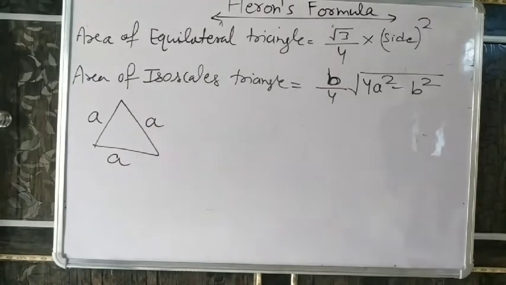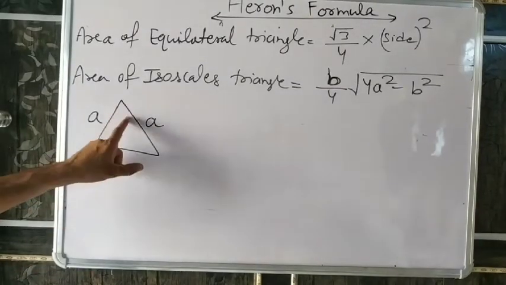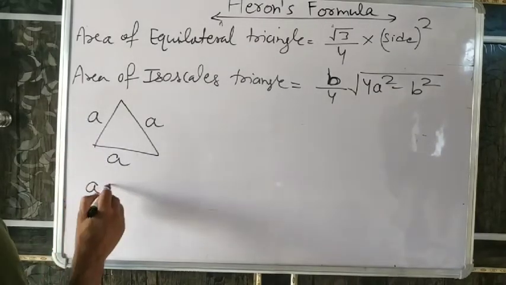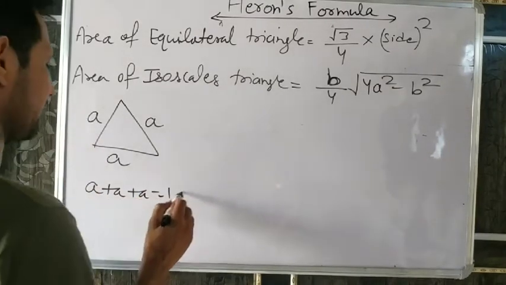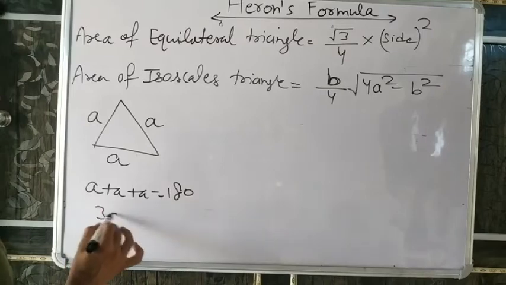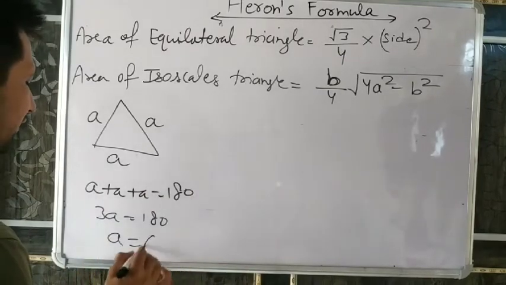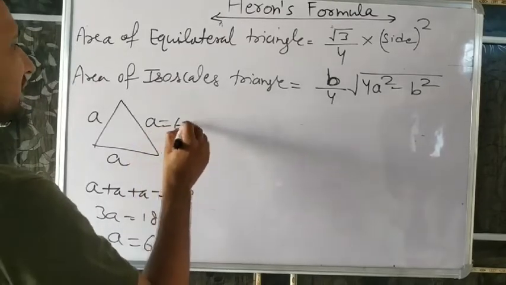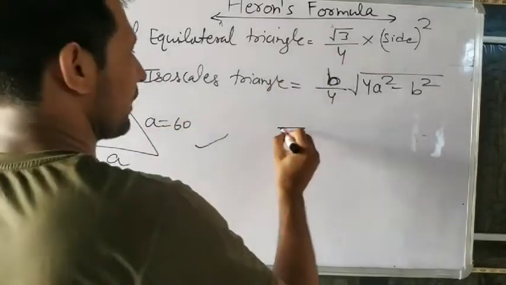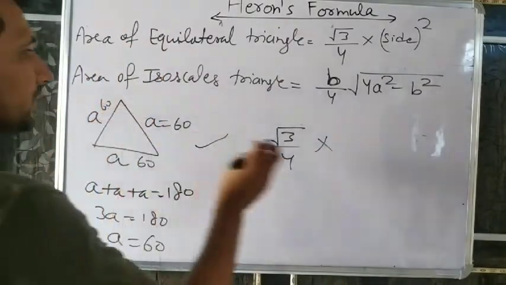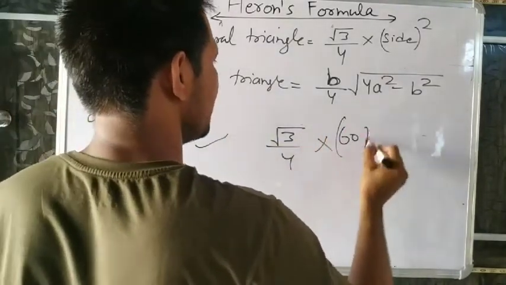Understand? And its perimeter. Find the area of this triangle using Hero's formula, if its perimeter is 180. Perimeter is 180. It means a plus a plus a is 180. So 3a is 180. 3 multiplied, the other side divided, so a is 60. So what is the side? 60. So area of equilateral triangle is root 3 divided by 4 into side square, 60 square.